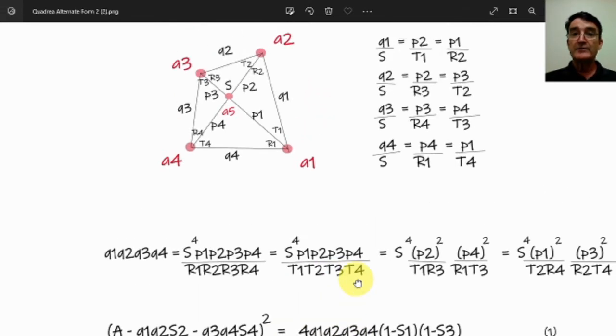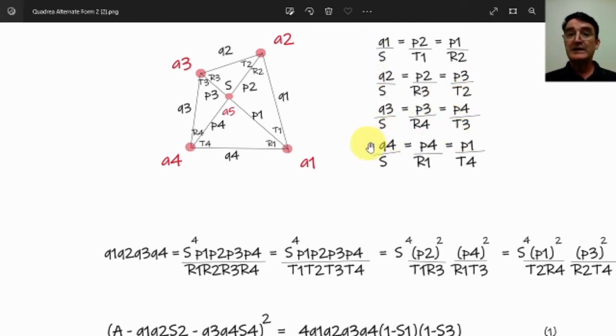From the spread law, when we bring the S up, we have Q1 is equal to P2 times S divided by T1, and that's equal to P1 times S divided by R2. Similarly, Q2 is P2 times S over R3, and that's equal to P3 times S over T2.